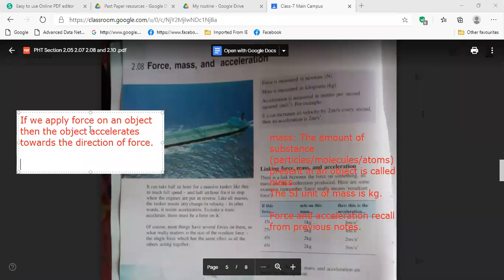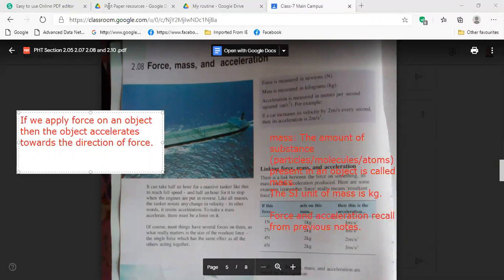Now, if I ask you, please respond. I am asking you a question. If you are applying force, for example, you are applying 5 Newton force on a book of 1 kg. How much is the mass? 1 kg. Very good.